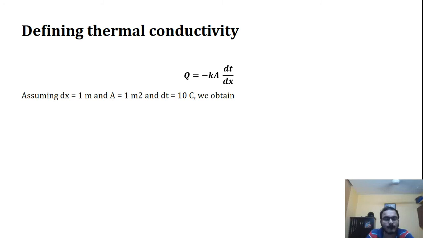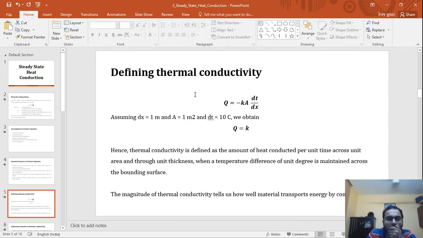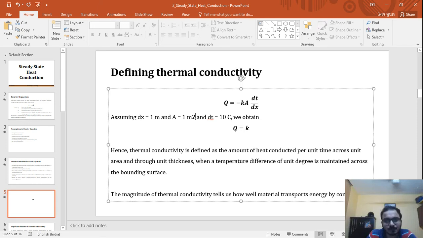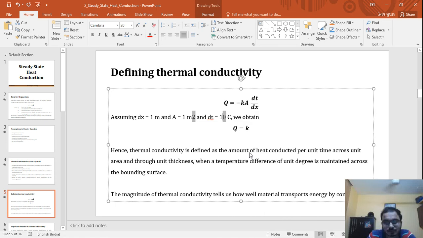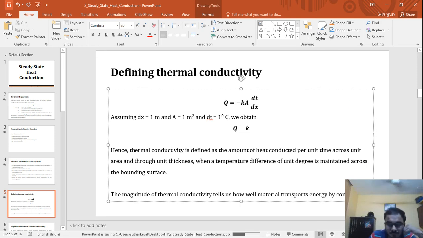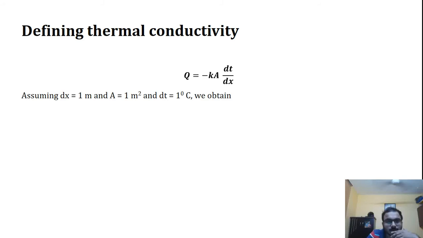Now here in this equation, we will assume dx to be 1 meter, area to be 1 meter square, and dT to be 1 degree Celsius.